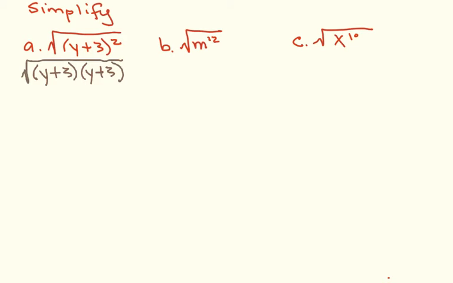Well, the answer is pretty much in there because the product is something multiplied by itself. So the square root of that is going to be y plus 3. Now here, because we have a variable, and it's possible that variable could take on a value that would make that whole expression negative, we must give it absolute value bars.